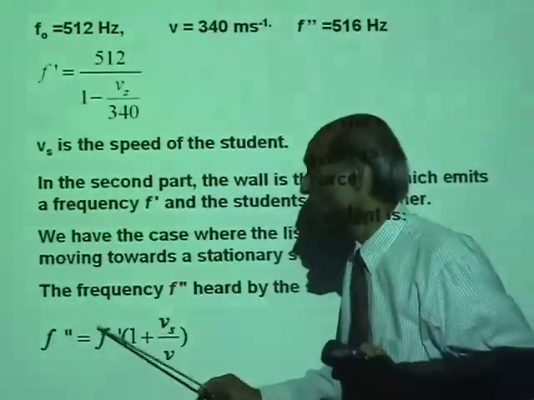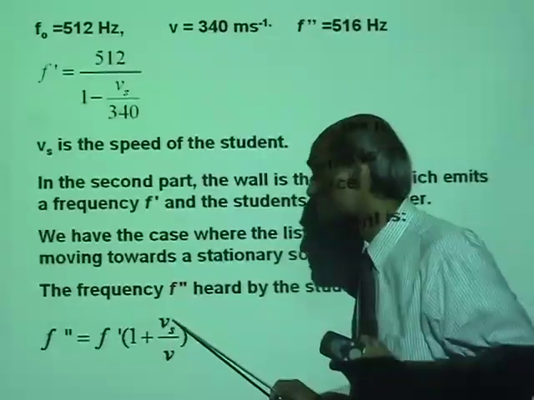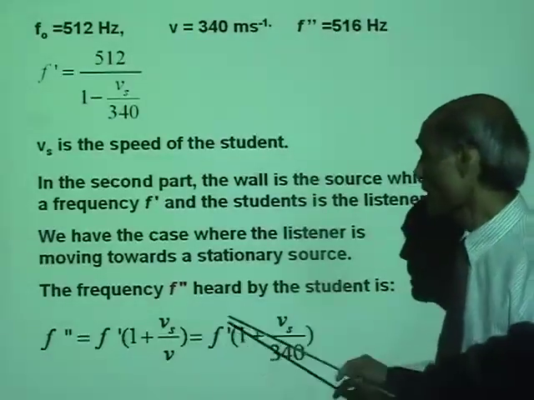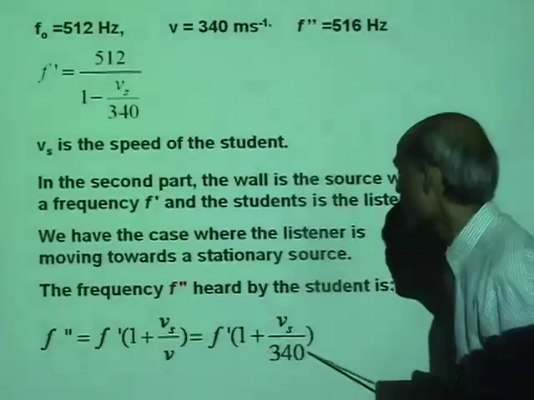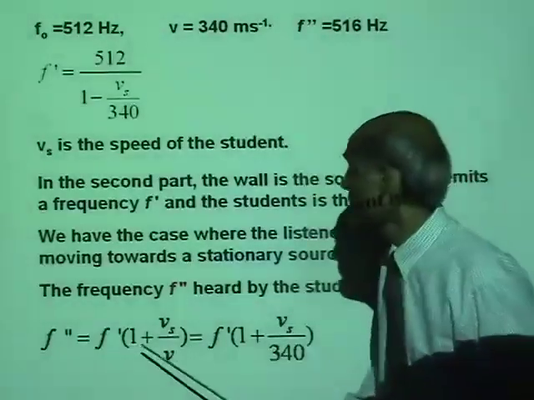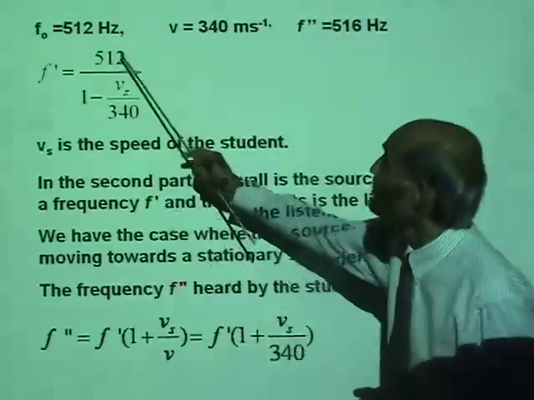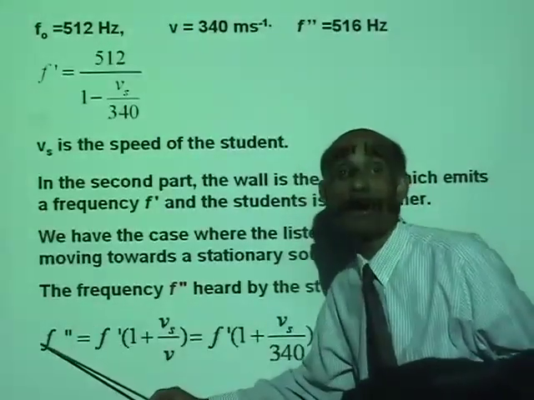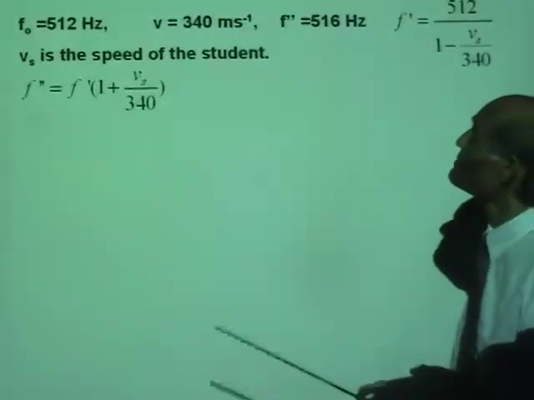So f double prime equal to f prime times 1 plus Vs over V. Well, that is f prime times 1 plus Vs over 340. Alright? We can now replace f prime by this quantity, and f double prime we know. F double prime is given to us. So we will do that in the next slide.